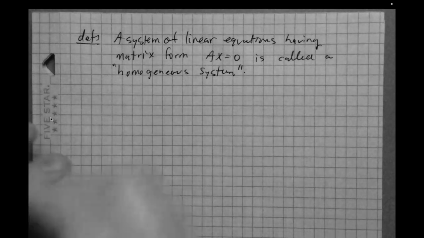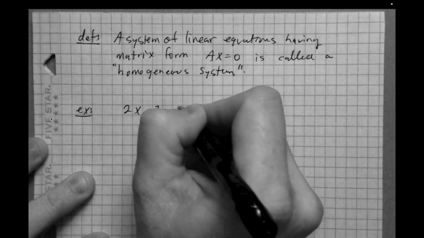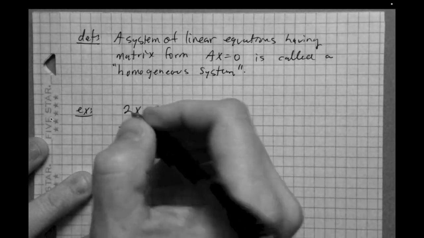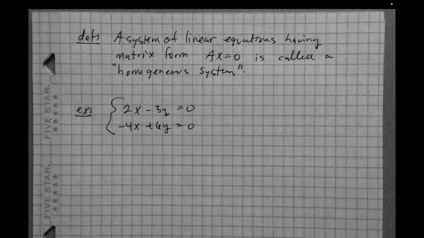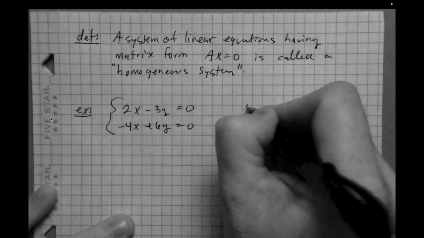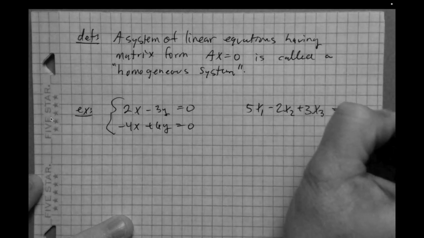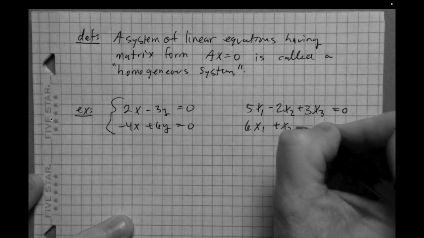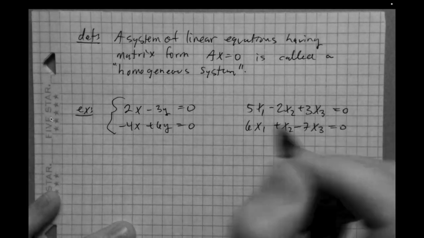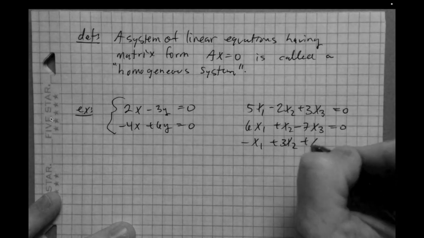All right, so a couple of examples here. So maybe 2x minus 3y equals 0, negative 4x plus 6y equals 0. That's a homogeneous system. Another one would be 5x1 minus 2x2 plus 3x3 equals 0, 6x1 plus x2 minus 7x3 equals 0, and negative x1 plus 3x2 plus x3 equals 0.